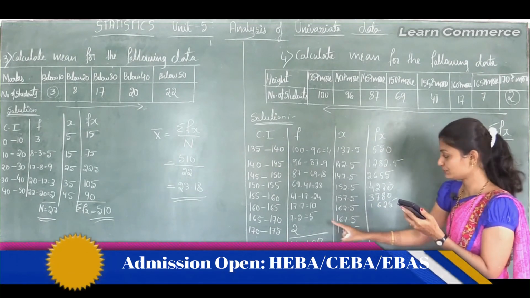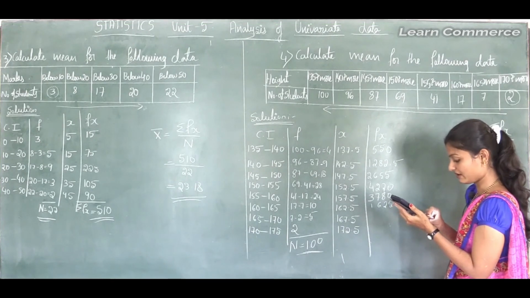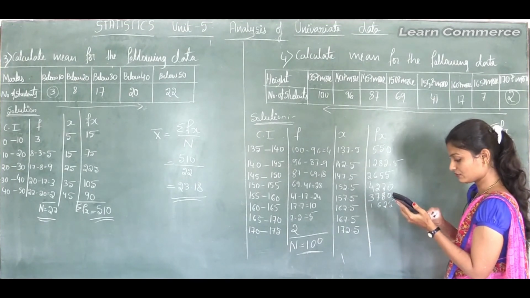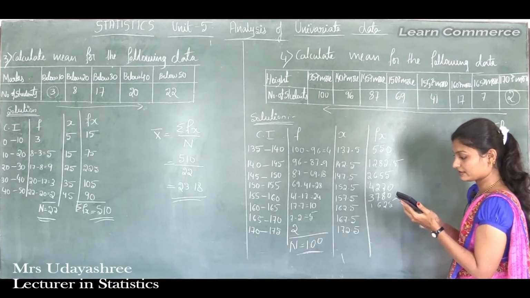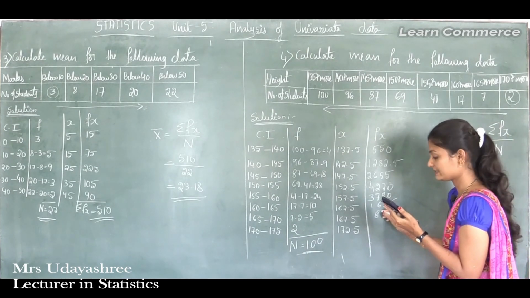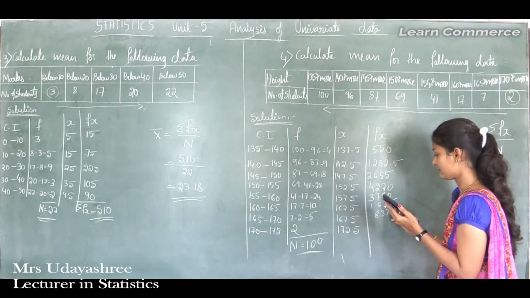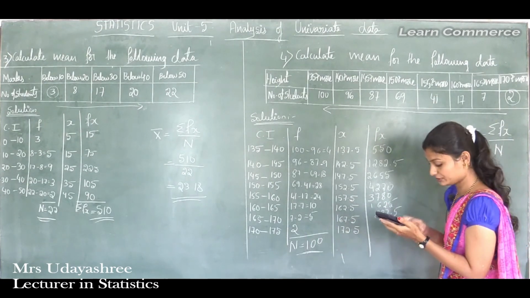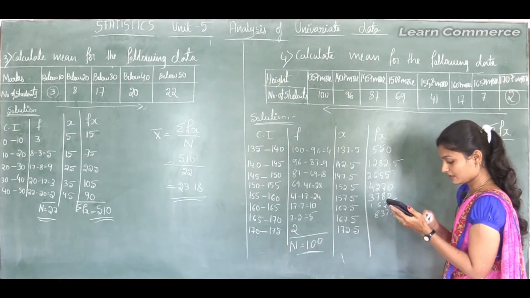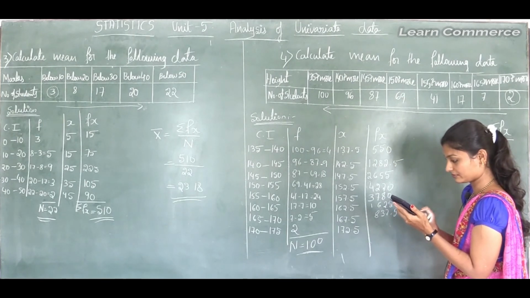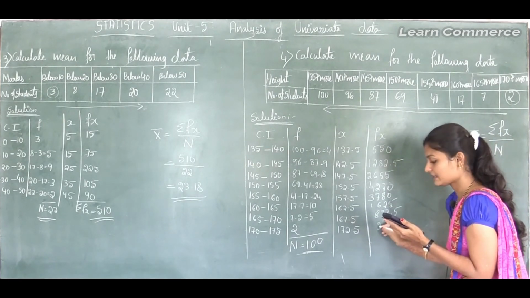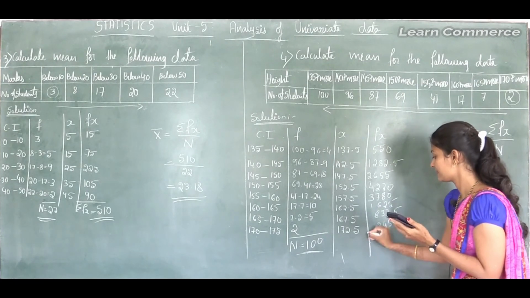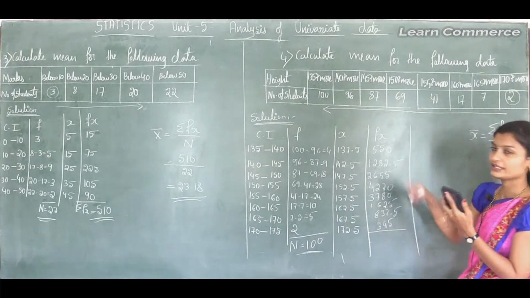Next, 5 into 167.5, that is 837.5. Next, 2 into 172.5, that is 345. See, these are the f into x observations.